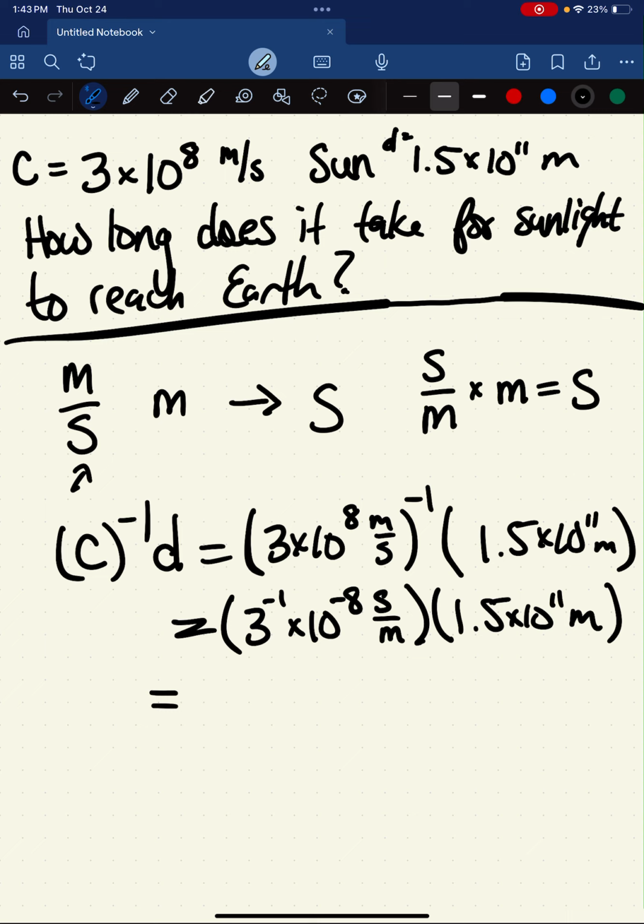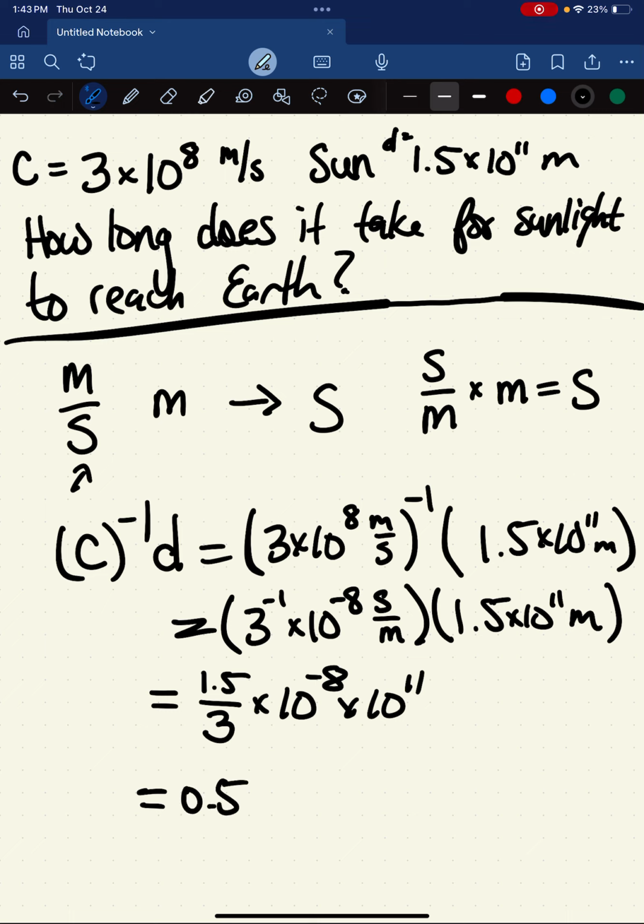Okay, we know how to multiply these two things together. We get 3 inverse is 1/3, so we get 1.5 divided by 3 times 10 to the -8 times 10 to the 11. 1.5 divided by 3 is 1/2.